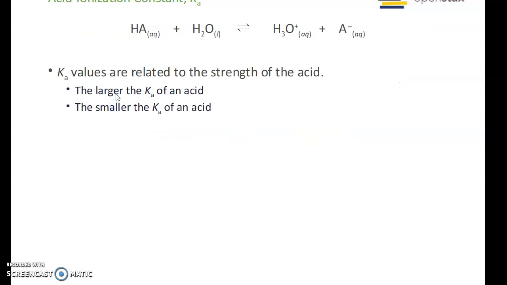And so the Ka value is just going to be the concentration of this times the concentration of this divided by the concentration of this. Again, this is a liquid. This has a value of 1 for this one. So Kas are related to the strength of the acid. The larger the Ka of an acid, the stronger the acid is. And the smaller the Ka of an acid, the weaker the acid is.